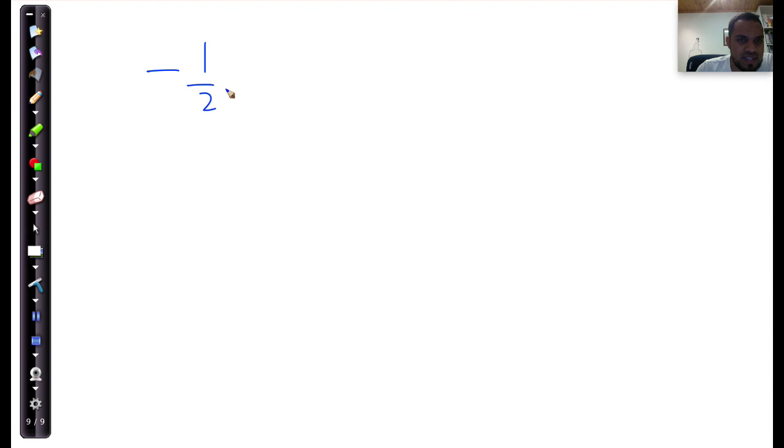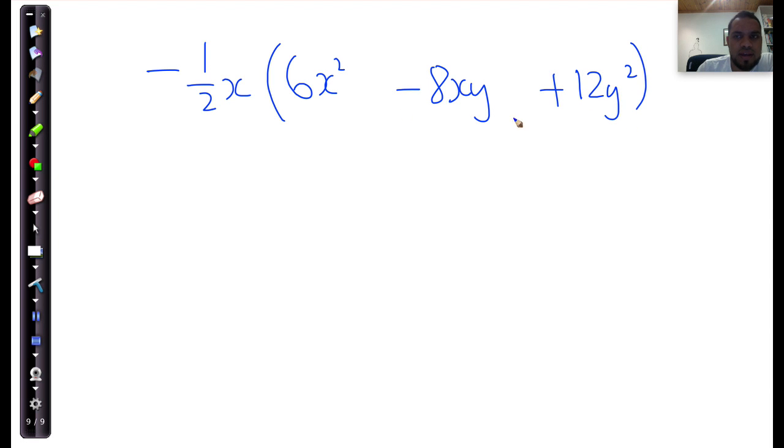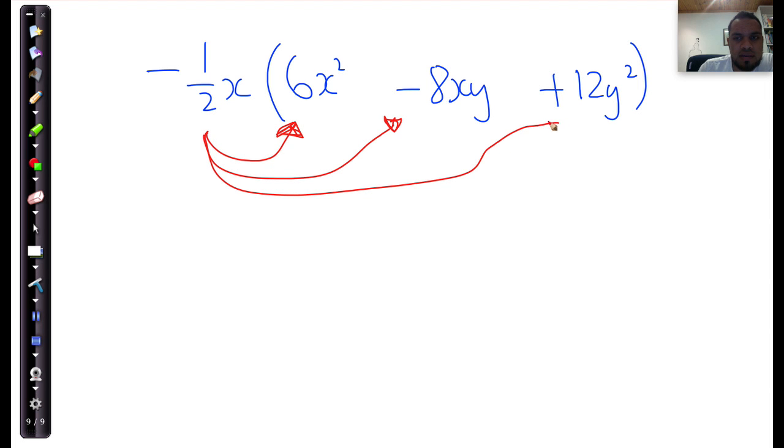Negative a half x multiplied by 6x squared minus 8xy plus 12y squared. Again, very easy. Let's see. We're going to take that entire term multiplied by that. Then we're going to take that entire term multiplied by that. And then we're going to take that entire term and multiply it by that. So let's see how this pans out.